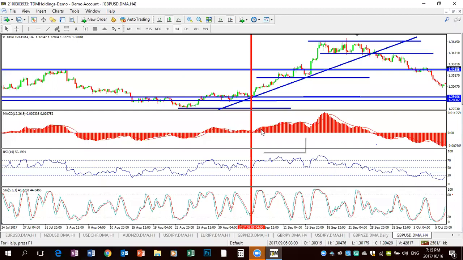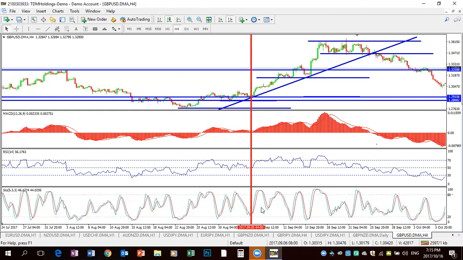Now we have got MACD as our confirmation. We have got RSI as our confirmation. And we also have what? Our stochastic as our confirmation. Now, we have 1, 2, 3 confirmations.